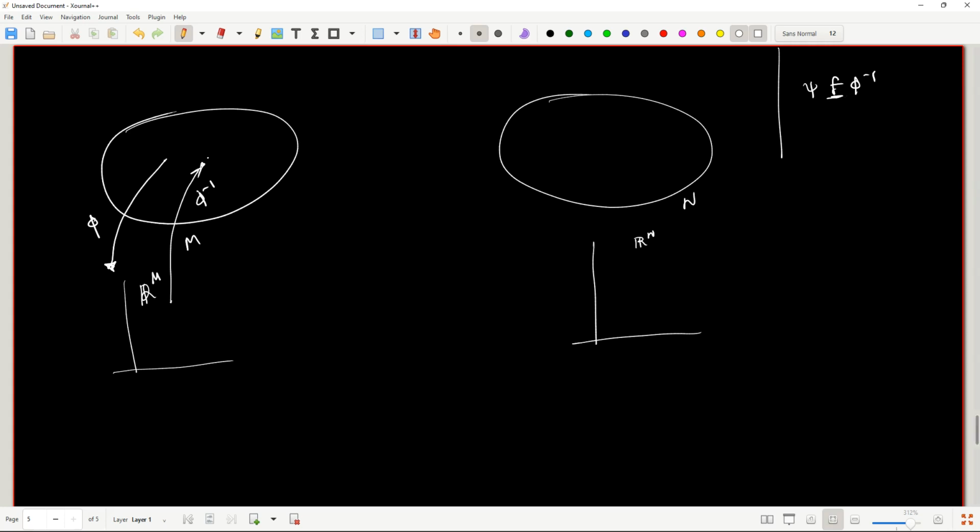Then we see that f is acting on it. What f does is that it takes this point, let's say P, to f of P. And then finally on N we defined the chart as (V, psi), where psi is the local homeomorphism. So what psi does is that it takes the point f of P and maps it to the n-dimensional Euclidean space.